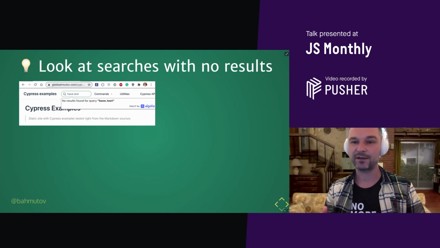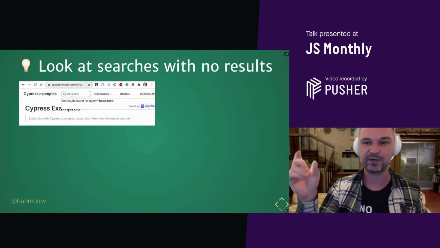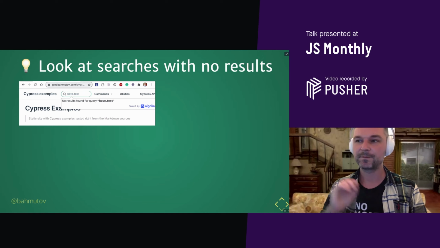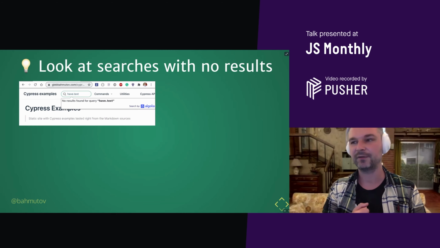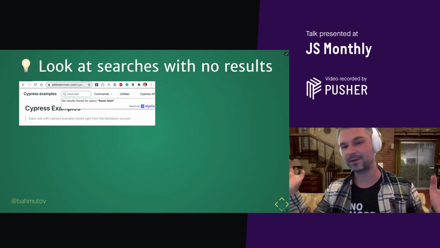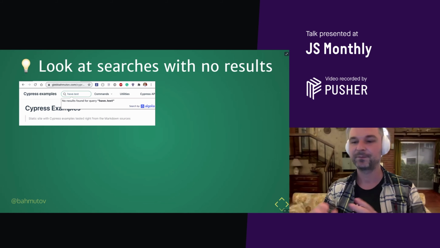People don't find it, or they don't even know that they can find it, right? Sometimes your search box is hidden somewhere and people have no idea that it actually is that useful. So sometimes you will have those queries, right? Like in this case, have.txt, that have no results. So Algolia just says, no results found, I give up.